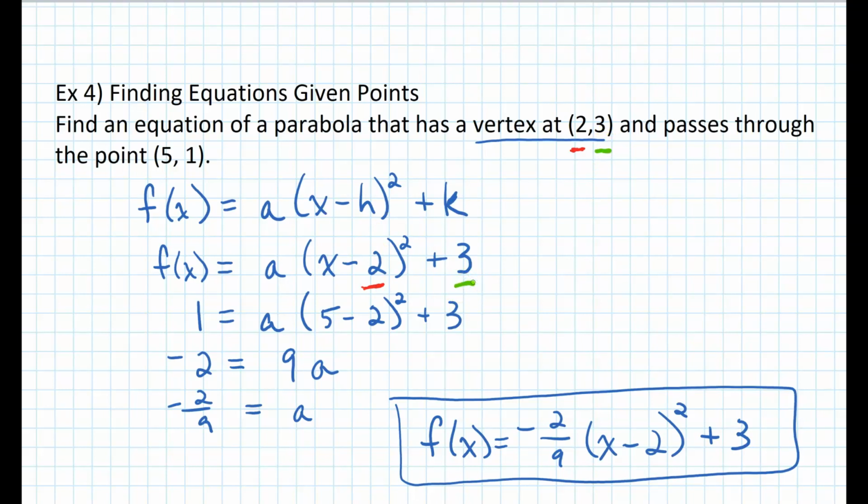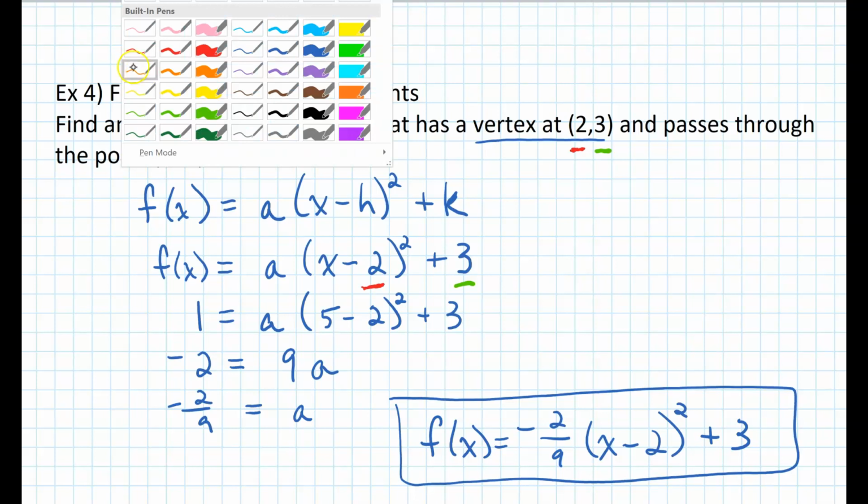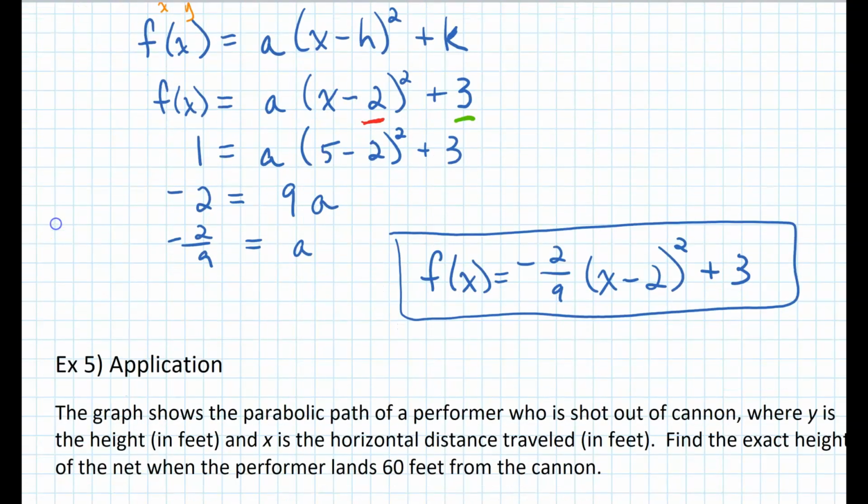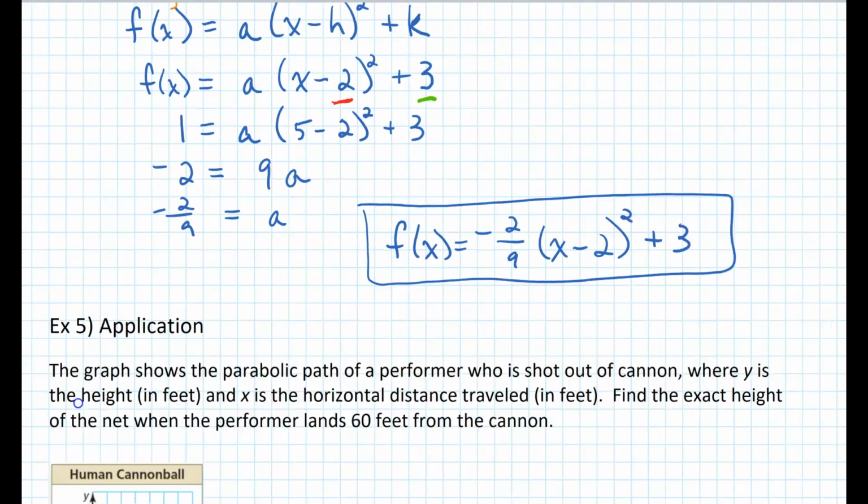And then we're given the point (5, 1). So you see it? All right, so this is our x, and this is our y. Yes? Is the plus 3 the vertical transformation, up 3? Yes, exactly. All right, so we're going to look at an application problem now.